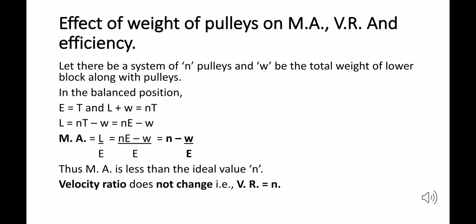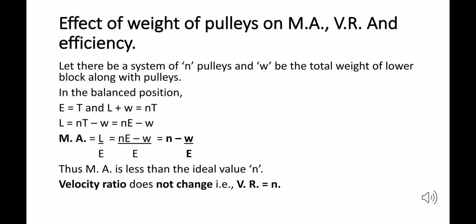Okay. So in the balanced position, in the block and tackle system, effort is equal to T, tension, and load plus weight, that means the total weight you have to pull by the effort, is equal to NT. Obviously, earlier the load was equal to N times T, the number of pulleys times the tension.